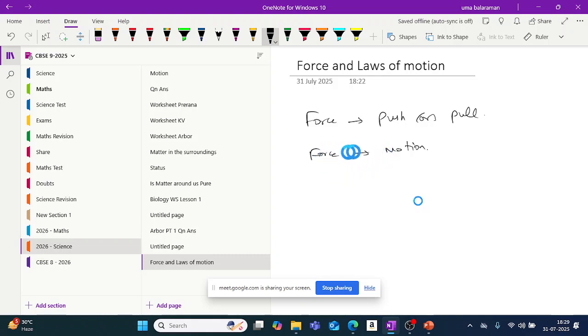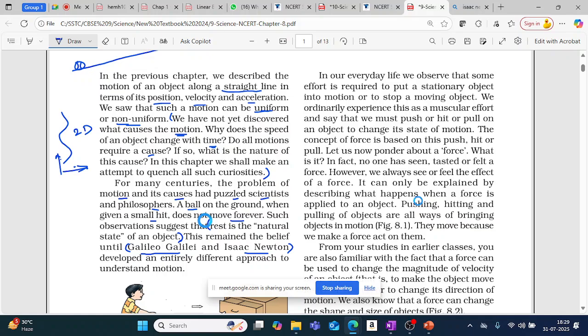Is it possible to cause motion without force? Is there any example that you know of that is not associated with force? I'm just dropping this pen, it falls. Earth's gravitational force is acting on it, pulled by the Earth's gravity. So without force, there is no motion.